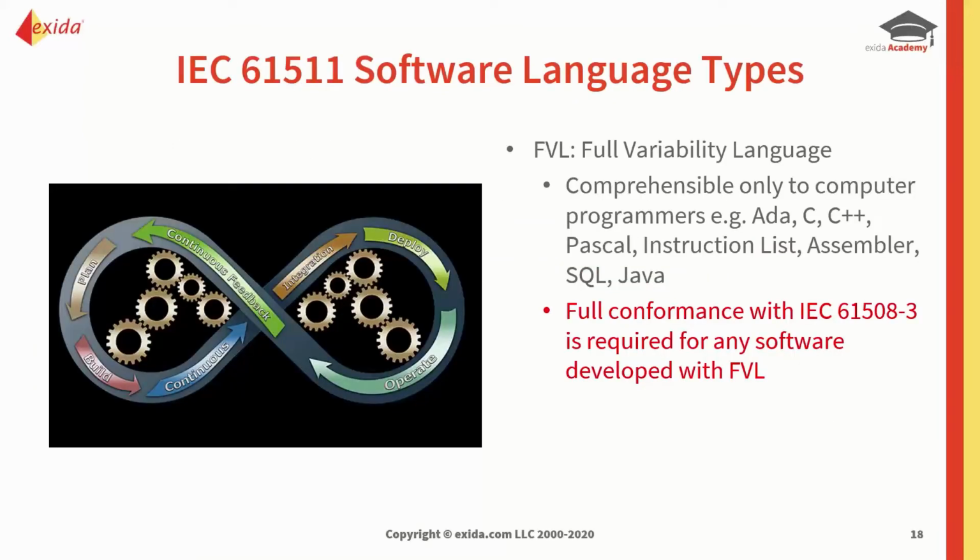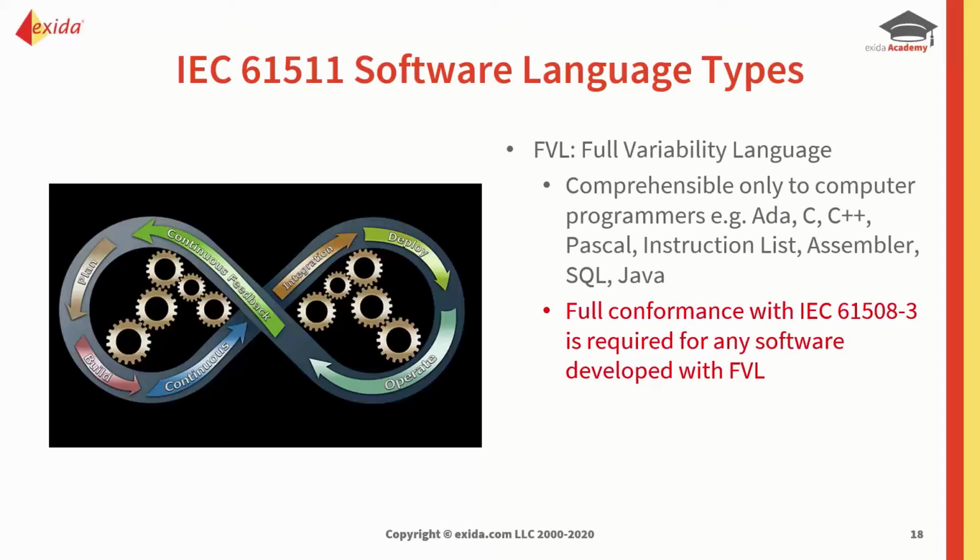And FVL, full variability language, is basically the software that we would use to do the embedded firmware or some of the operating systems. So for example, this would be your C++, your Visual Basic, your object-oriented languages.